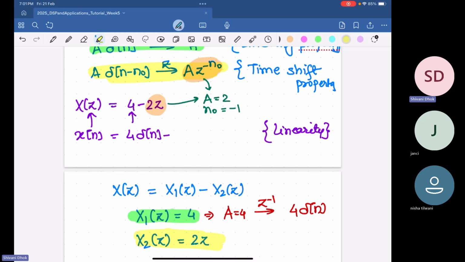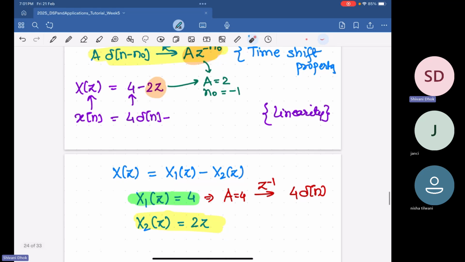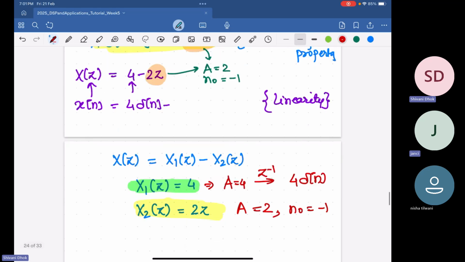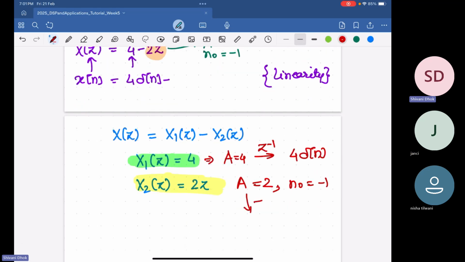Forget what a was for x1 of z. Now if you compare this and this, my a is equal to 2 and n naught is equal to minus 1, and that's why its inverse z will be given by a into delta n minus n naught. N naught is minus 1, so minus of minus is plus 1.